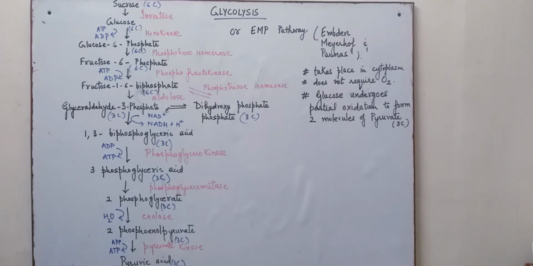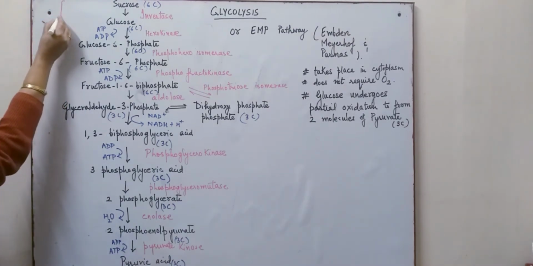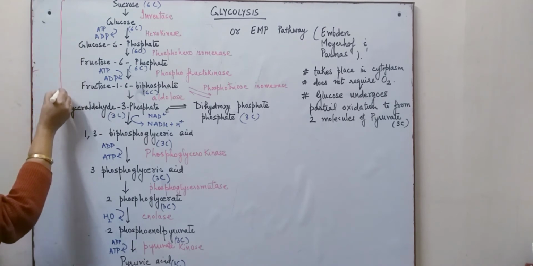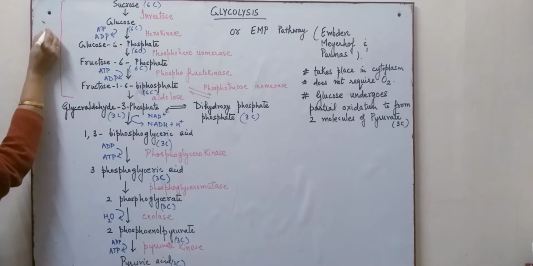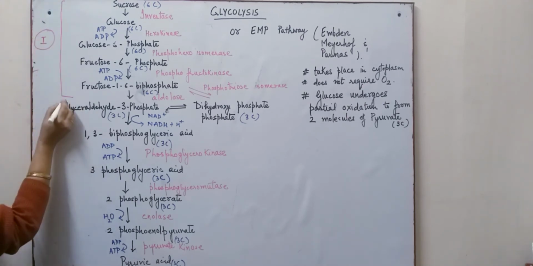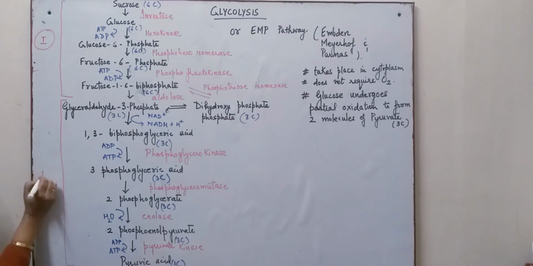When we study, these steps are subdivided into two major phases. The phase of breakdown of glucose to fructose 1,6 biphosphate is phase 1, and from here onwards this is phase 2.